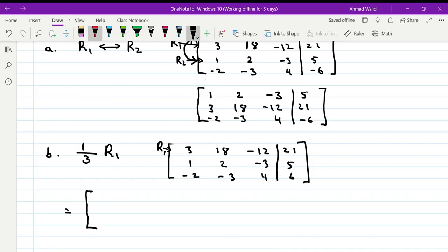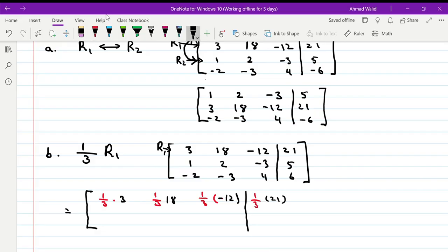Look, I'll do this: 1/3 times 3, 1/3 times 18, 1/3 times negative 12, correct? Vertical bar, and 1/3 times 21.